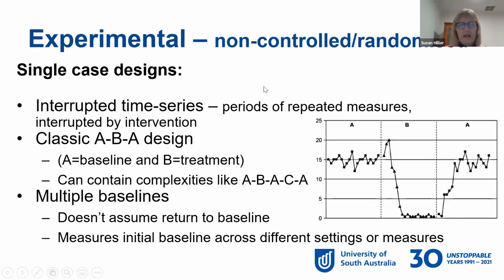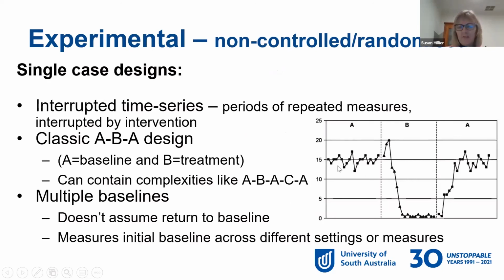Okay, and finally, experimental non-controlled and randomised single case designs, so classically interrupted time series, where there is a period of repeated measures interrupted by the intervention. And classically, this is an ABA design.